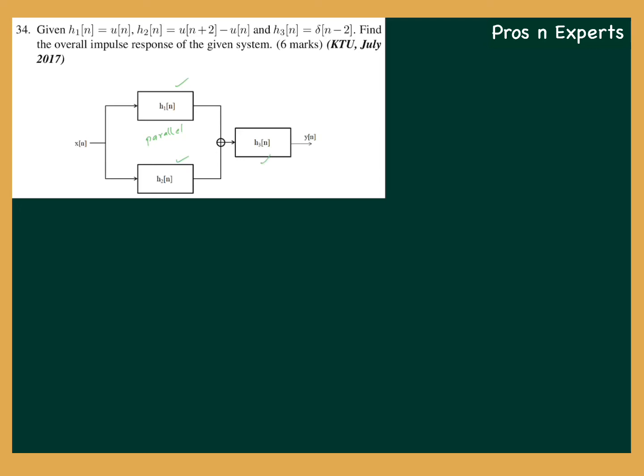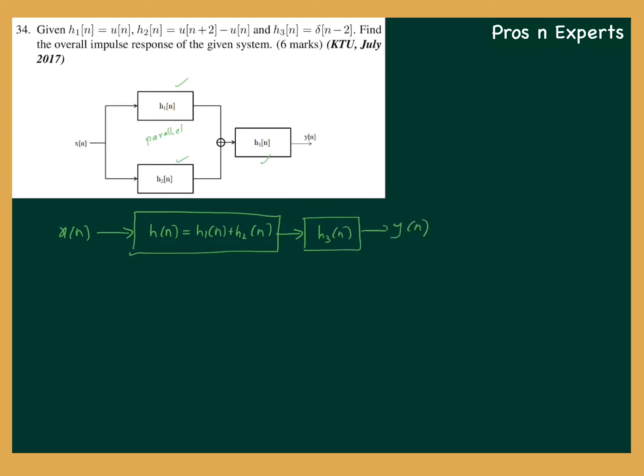So I can draw like this: x of n, h of n equal to h1 of n plus h2 of n is the equivalent of the parallel system. That is being cascaded with h3 of n to give y of n. Is that clear? Right, so we can proceed.